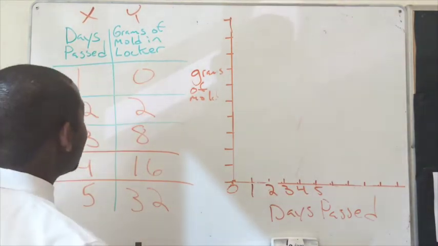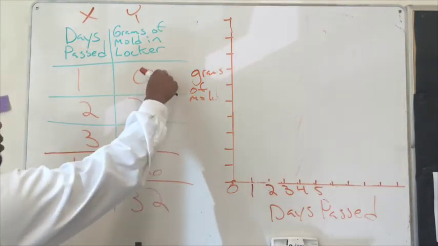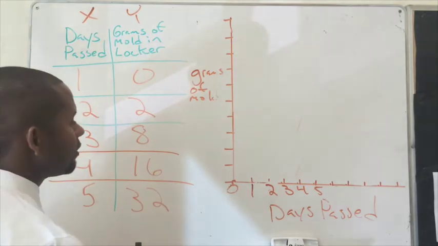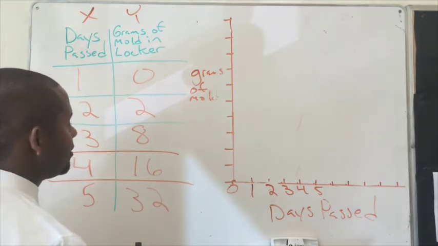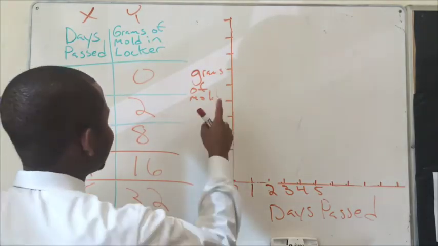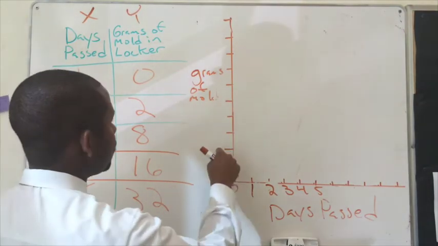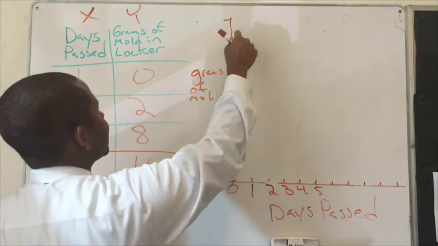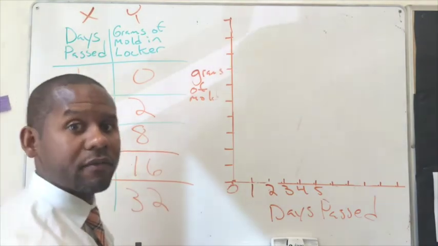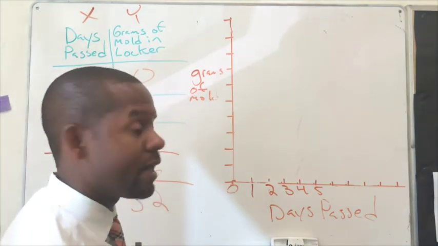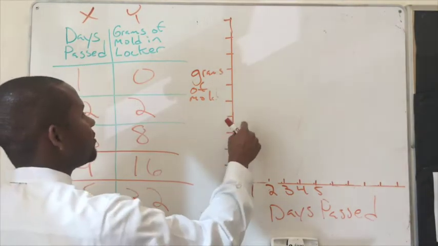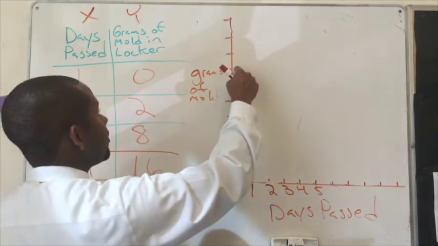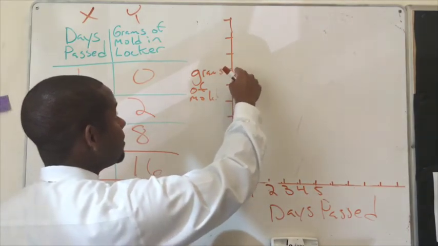Now looking at grams of mold though, I go between the smallest is 0 and the largest is 32. So what would it make sense to count by? If I count by 2s, 2, 4, 6, 8, 10, 12, 14, 16, 18, 20. That's not big enough. See what happens if I count by 5s. This is 5, 10, 15, 20, 25, 30, 35. That's pretty decent, right?